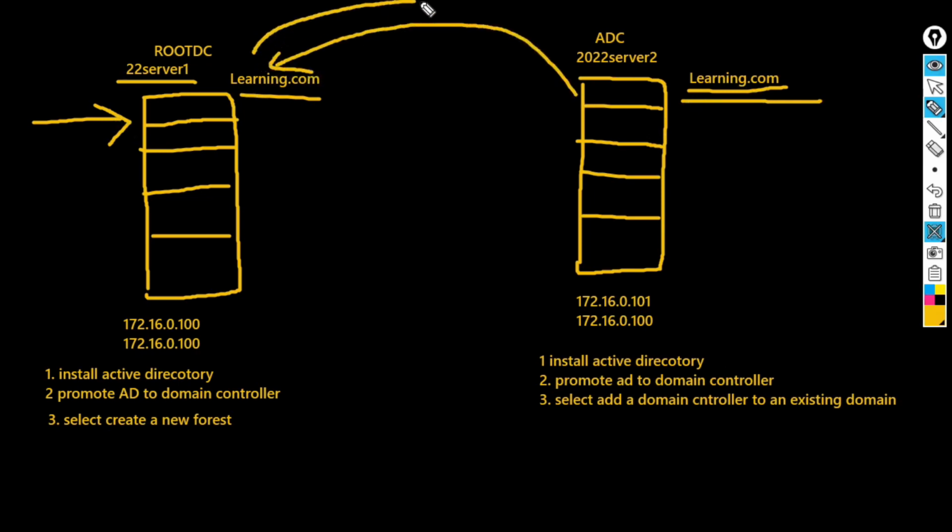Means we can check the replication in both root DC and ADC. So this is our agenda we are going to do. Please take either a snapshot, a mobile screenshot, or just remember, because the same stuff I am going to do, same environment, same lab.